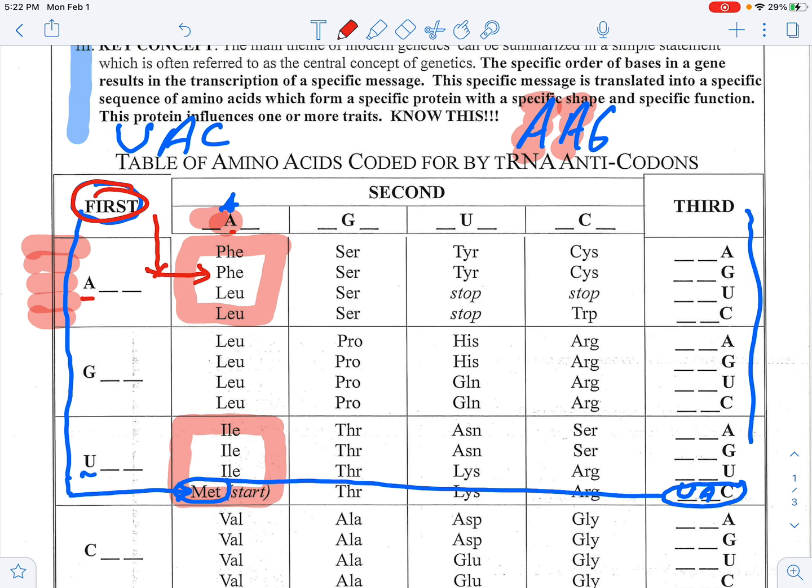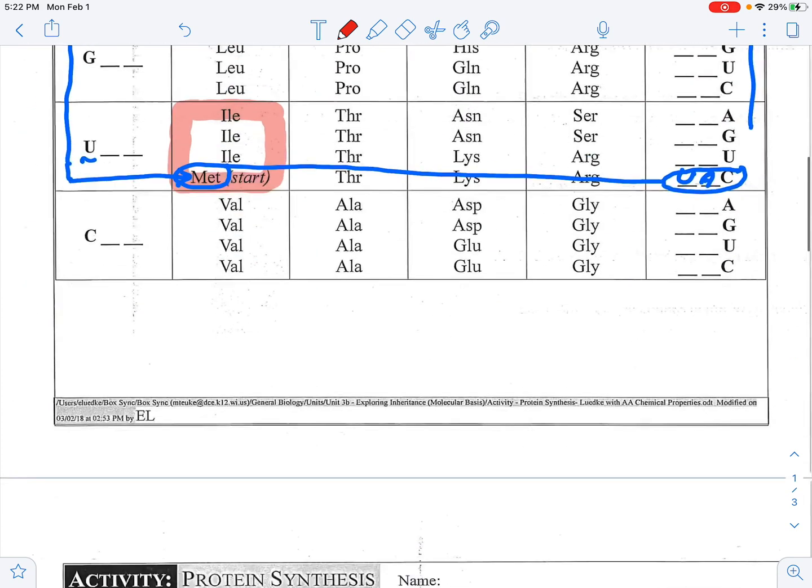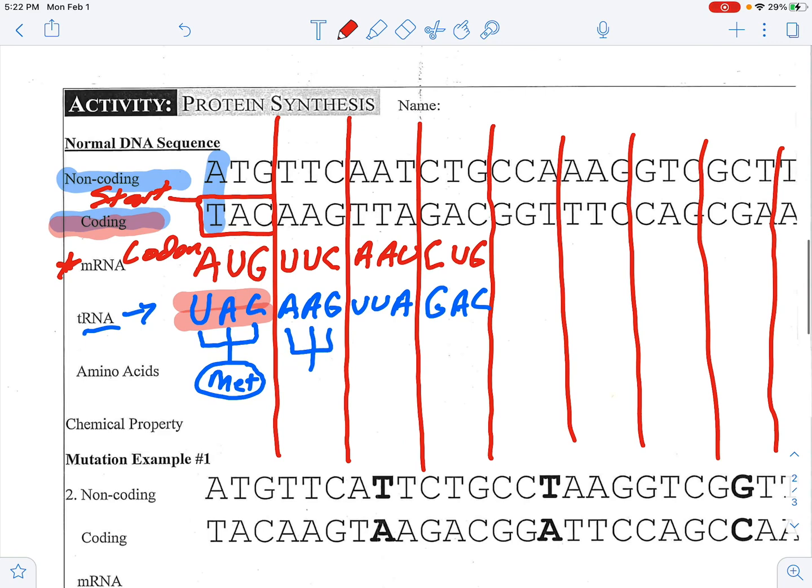So again, we go down until we get the third letter, G. The sequence is AAG, and what that's going to code for is PHE, a specific amino acid called phenylalanine. So I'm going to go back here and make myself another little bubble, and in the middle here, I'm going to write PHE.